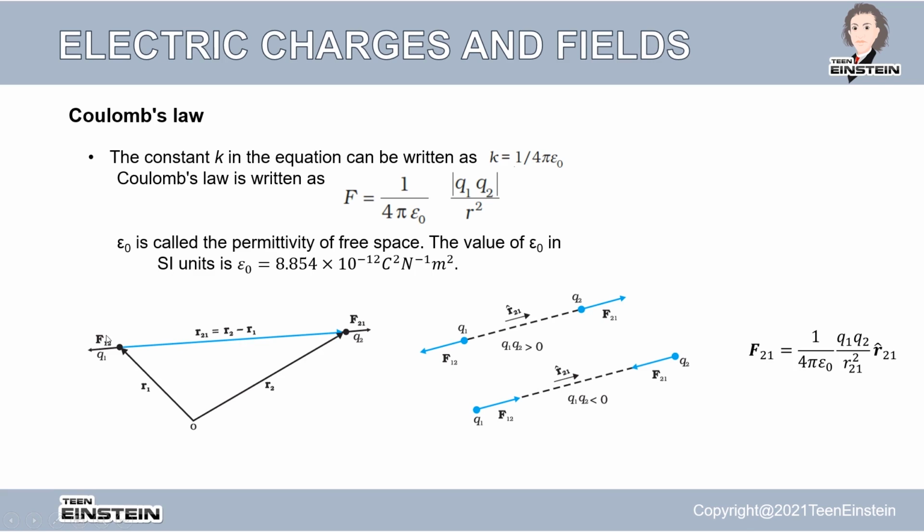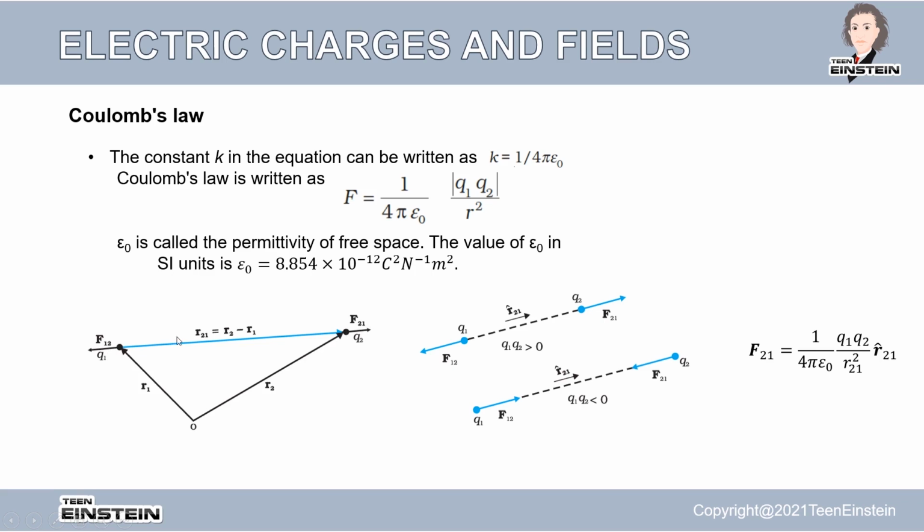So let's take charges Q1 and Q2 here, and this is the origin. R1 is the position of charge Q1 from the origin. R2 is the position of charge Q2 from the origin. So R1 and R2 are vectors here. F12 is the force acting on Q1 due to Q2, and F21 is the force acting on the charge Q2 because of the charge Q1.